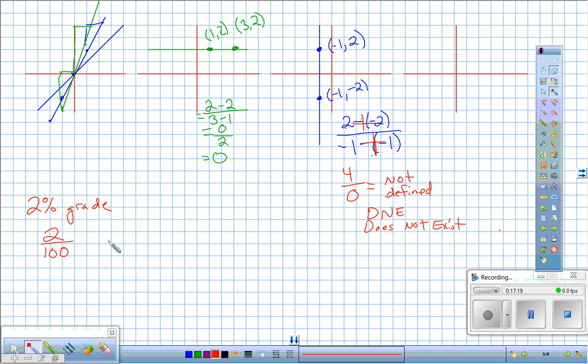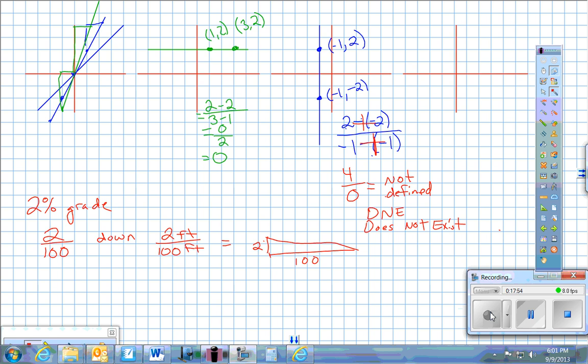So I am going up or down 2 feet per 100 feet that I go across. On a picture, I would go 2 feet up or down and 100 feet across. Hopefully your slope will be a little more stable than that.